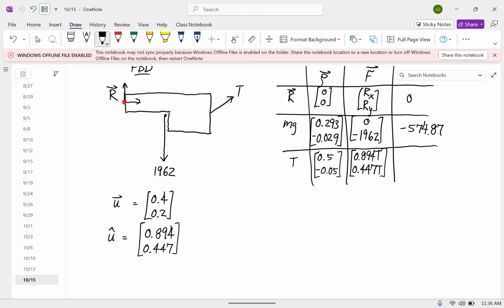And so the cross product of those two is 0.268 t.